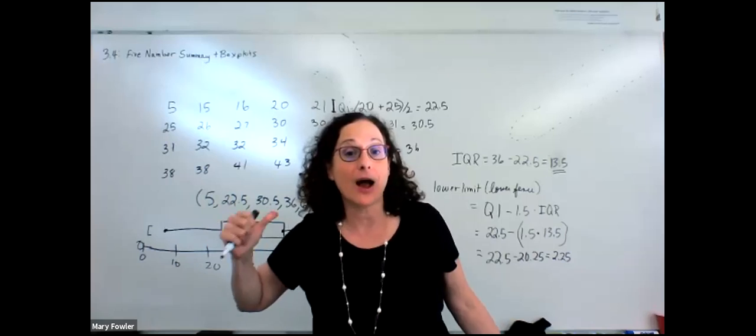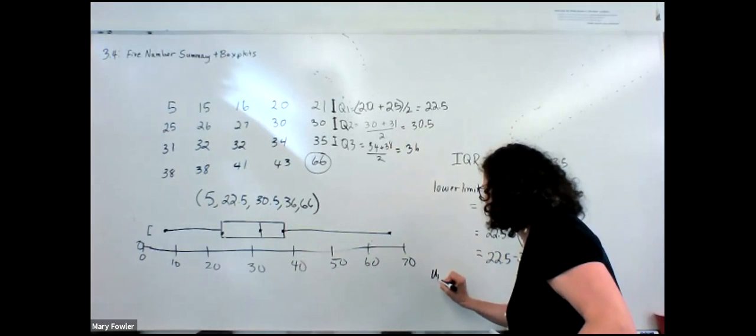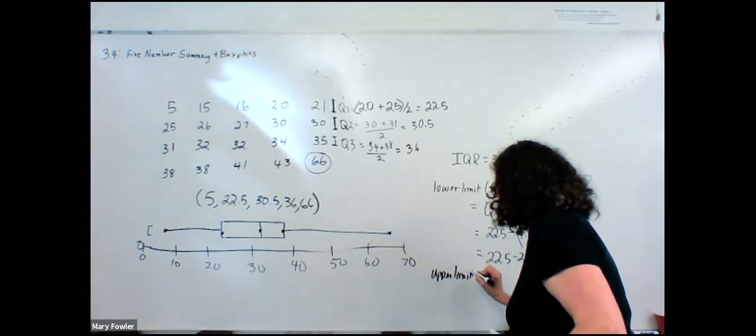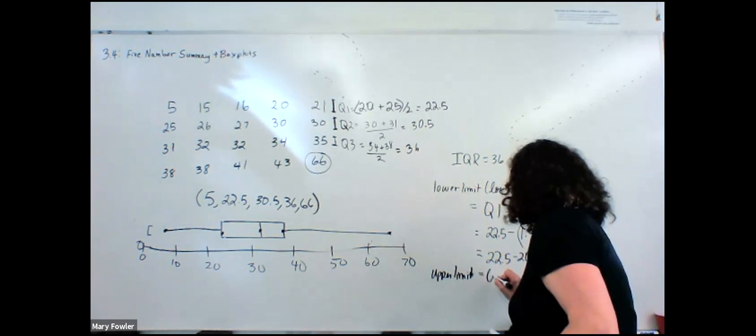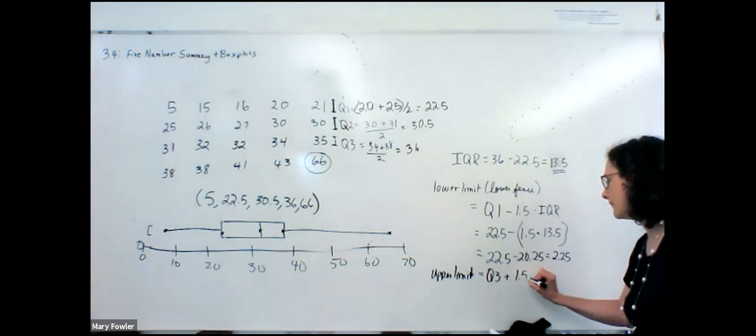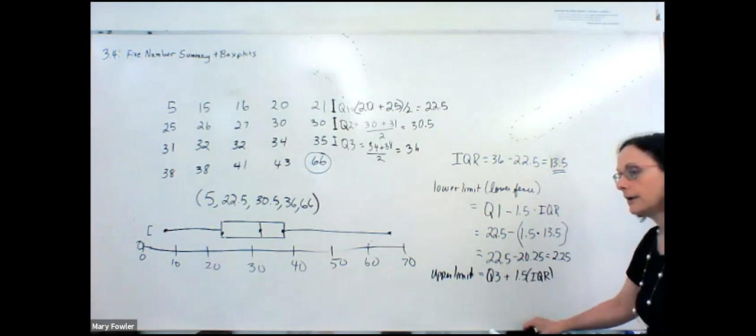So let's go ahead and find the upper bound, the upper limit, or the upper fence. And that's going to be Q3 plus 1.5 times the IQR. All right.